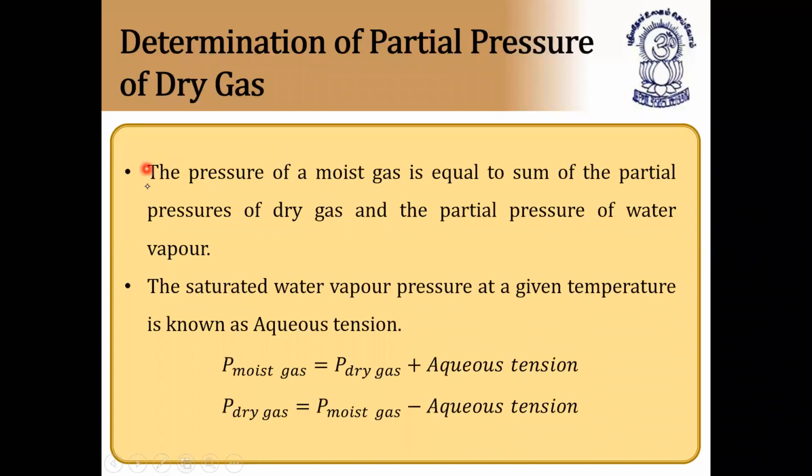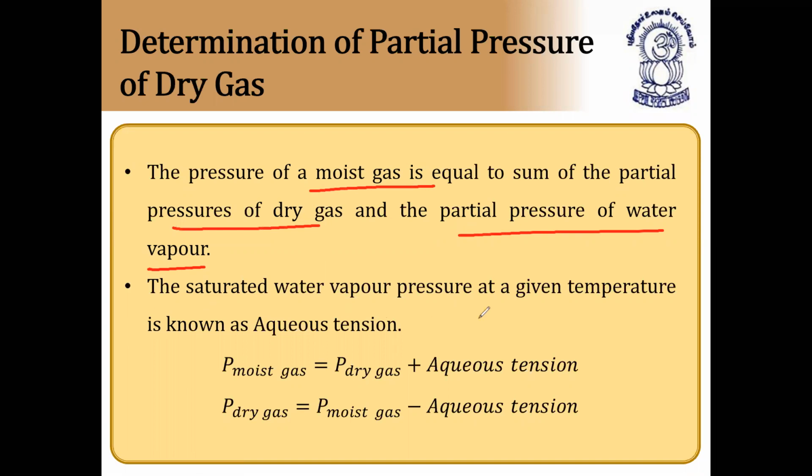Next. So how to determine partial pressure of dry gas? The pressure of moist gas is equal to the sum of the partial pressure of dry gas and the partial pressure of water vapor. As I told you, water also exerts some pressure. The total pressure of the moist gas is equal to that sum.